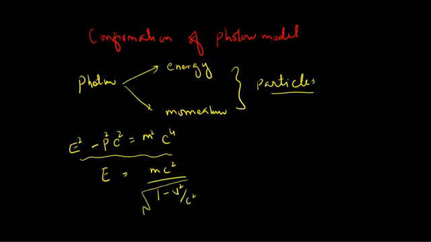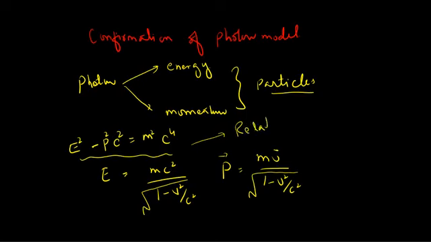And in the same way, momentum p equals mv divided by square root of 1 minus v square over c square. So these are the relativistic relations of momentum and energy.